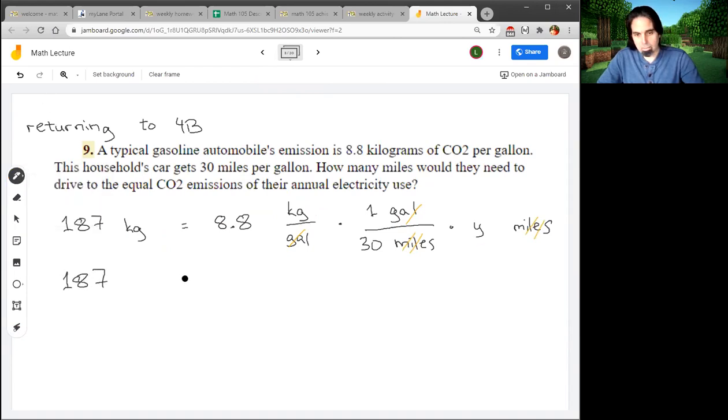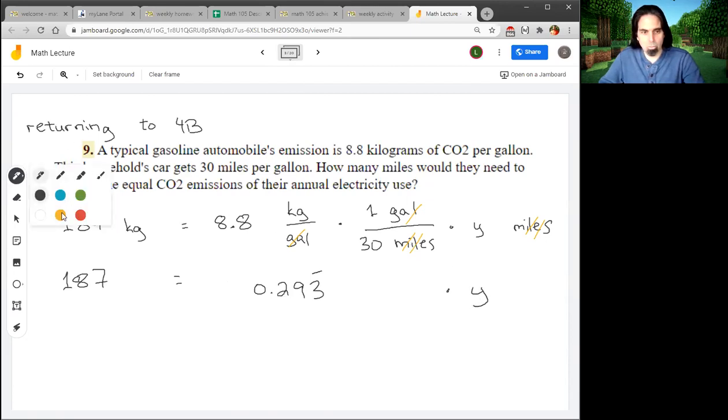So what does this turn into? 187 is 8.8 divided by 30 times y. So that's going to be 8.8 divided by 30, which is about 0.293. It repeats and repeats. Times y. How do we get y by itself?